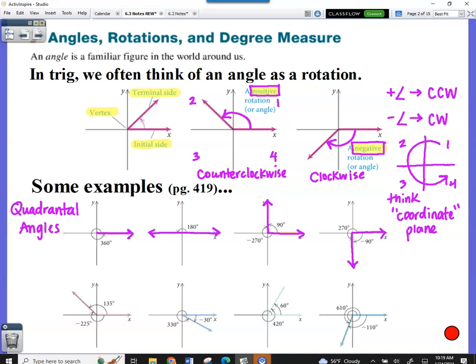Or you can completely flip that. I could start here and rotate negative 90, or I can go positive 270, and I still land in the same spot. These are quadrantal angles, which brings us to the next vocab word you're going to hear a lot, coterminal angles.